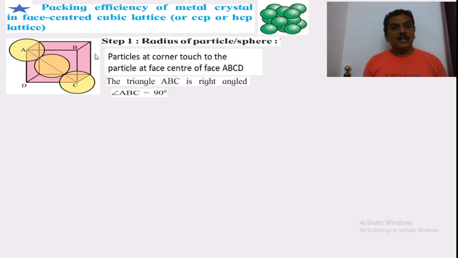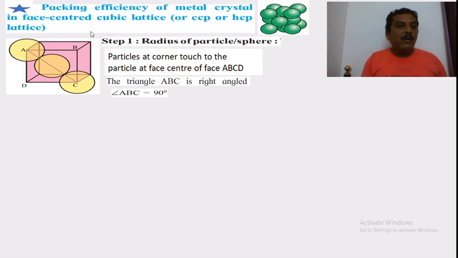In this diagram we first have to calculate the radius of the particle, then the volume of the particle, then the volume of all particles, and in the fourth step we calculate the packing efficiency. Hence we will start by determining the relationship between radius and edge length.